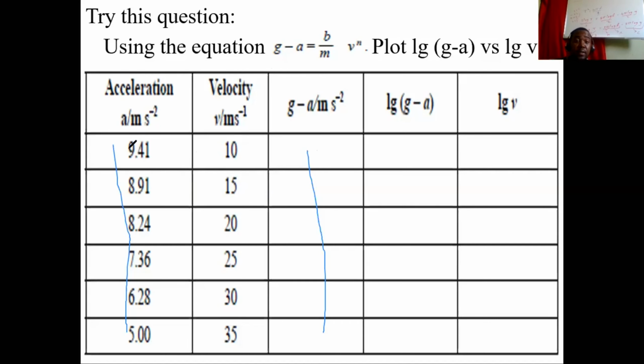So in this case, you'll ensure that these would be 3 significant figure values because they are acceleration, just like acceleration there, right? And the same thing applies for this. Log of G minus A, it's G minus A, so these also will be 3 significant figures.